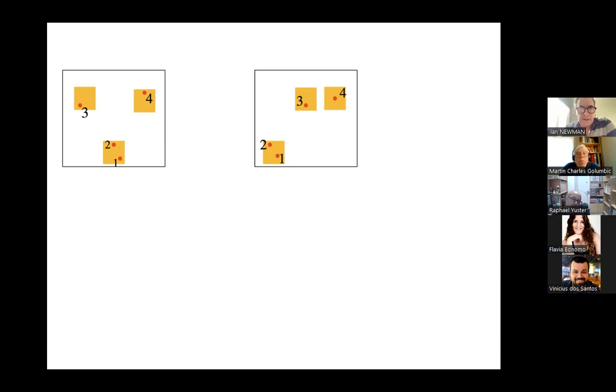So I'm showing here 2 cases. Look at the picture on the left. Here I have a 3, 2, 1, 4 appearance that appears in 2 components, the 3 and the 4 in 1 component, and the 2 and the 1 in 1 component. And if somebody told me that there is a 3 and the 4 in the top component and the 2 and the 1 in the bottom component, I might conclude that actually there is a pi appearance in the whole box, a 3, 2, 1, 4 appearance.